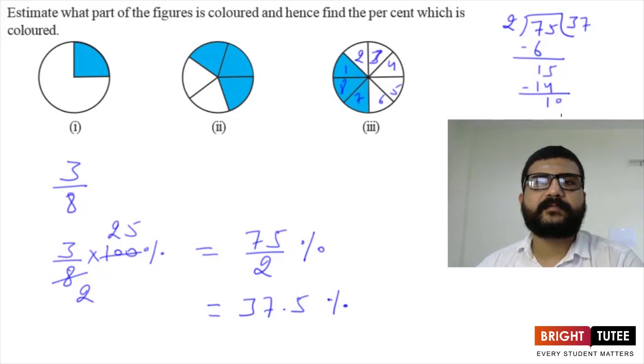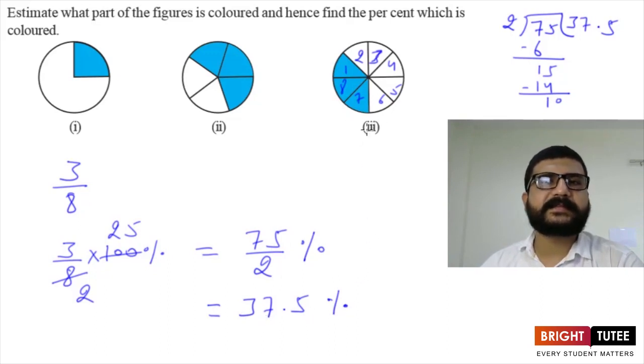Now we will put 0 here and a decimal here. Now 2 into 5 will give us 10. So we have to put 5 here. So the answer we are getting is 37.5. So therefore 75 upon 2% is equal to 37.5%.